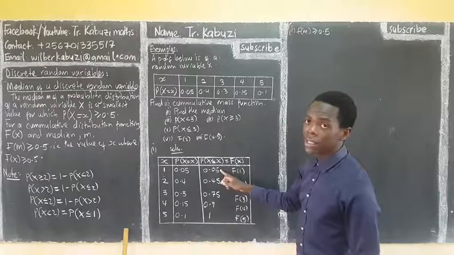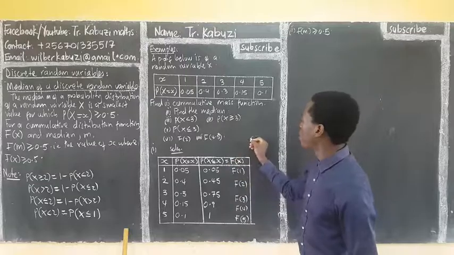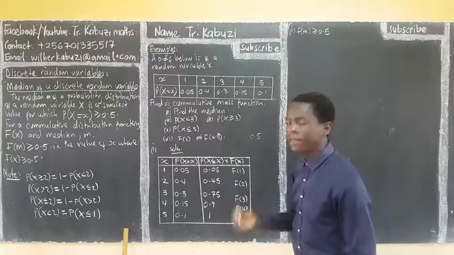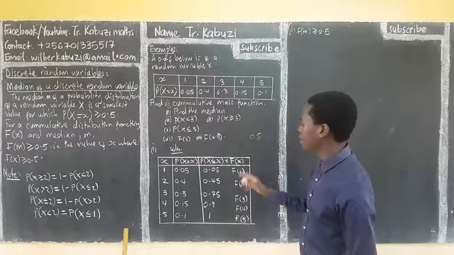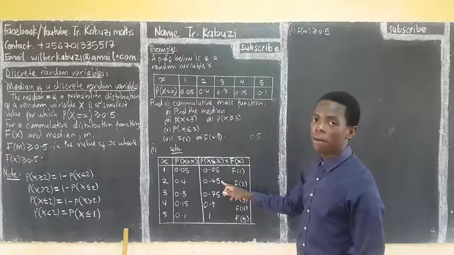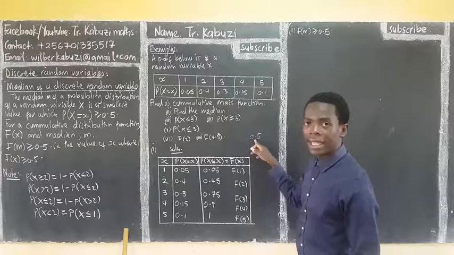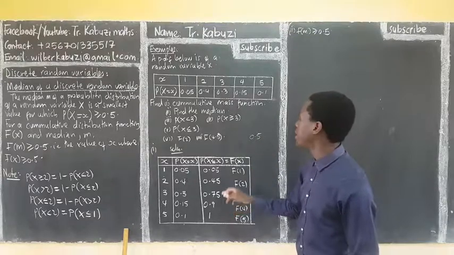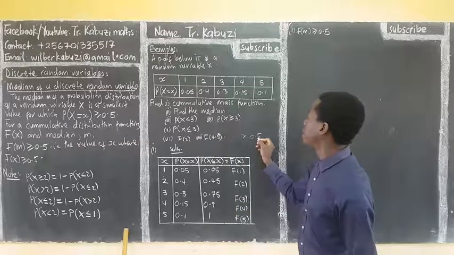So it's like this one is not yet 0.5. So we are tracing for 0.5, something equal to it or greater. The immediate value that is going to give us this. This one is 0.45. It's not yet this. But this one is 0.75. So it's greater than this.